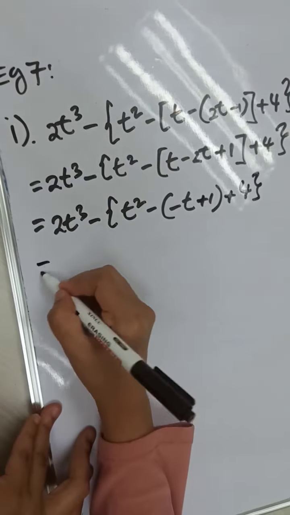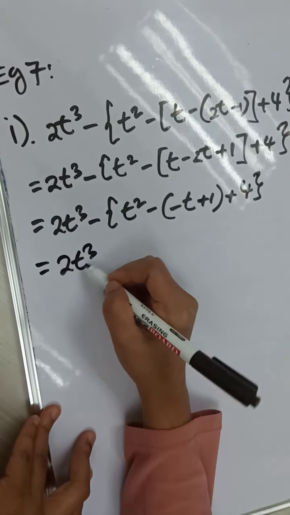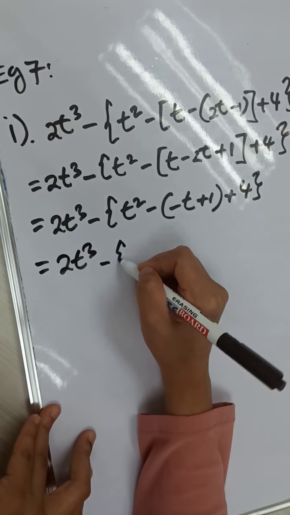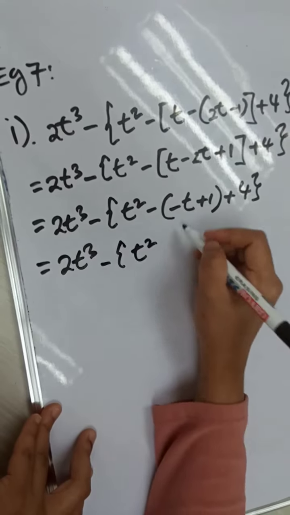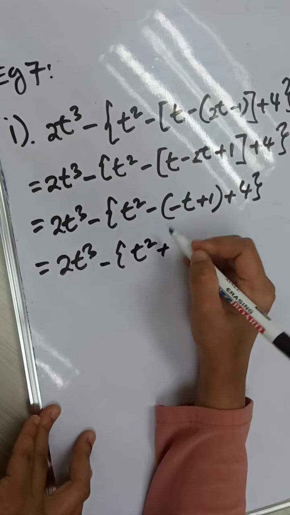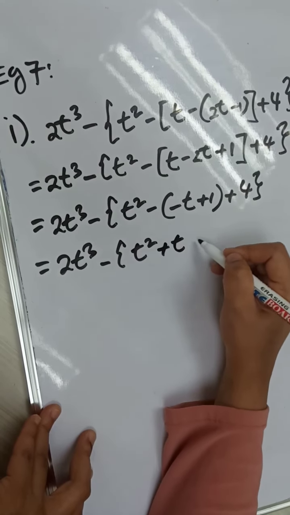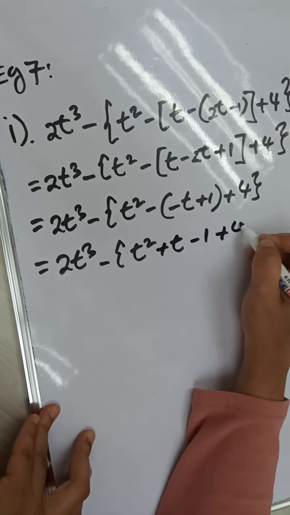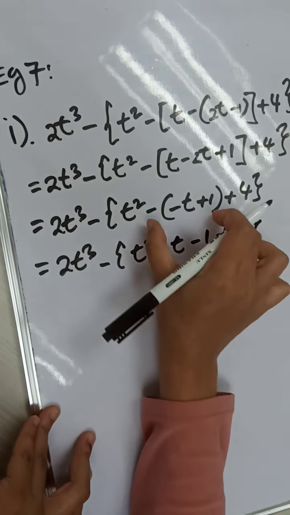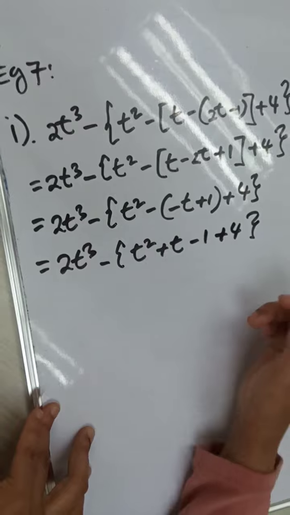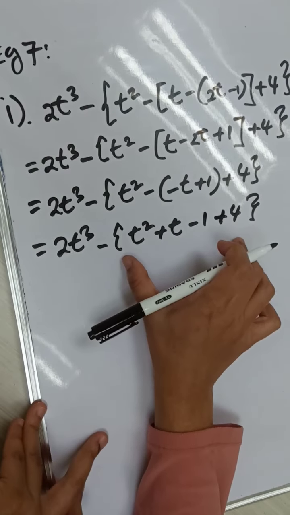Next step is 2 {3t cube minus, expand, negative negative positive, t minus 1 plus 4. Now we already removed the open bracket. So now we solve inside the bracket.